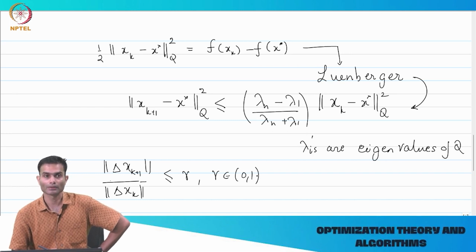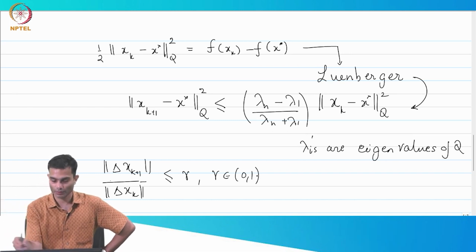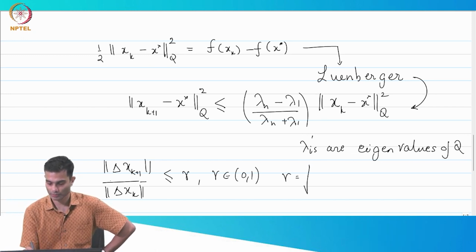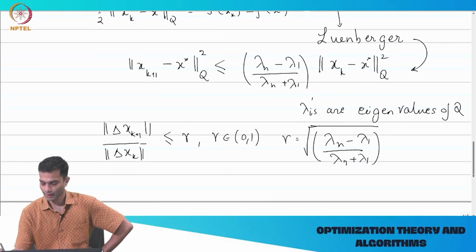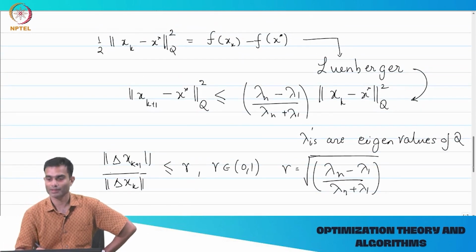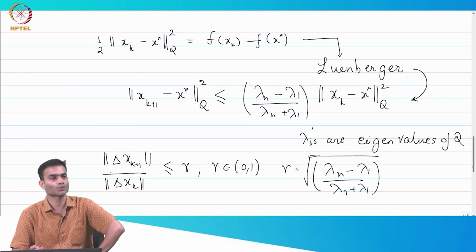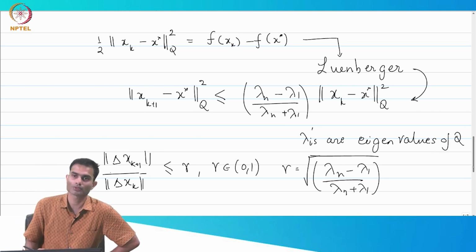What is my r? Square root of this expression, right? Because I've got the squares on both sides. So r is equal to the square root of lambda n minus lambda 1 over lambda n plus lambda 1. Again, just a quick linear algebra refresher. I've called these the eigenvalues of Q. If I call these the singular values of Q, would I be correct or incorrect?